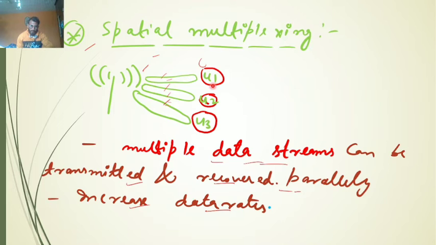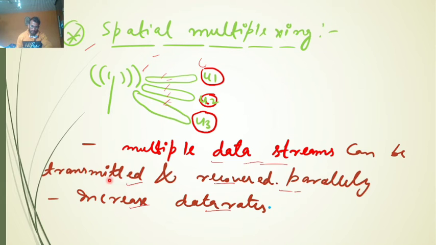Multiple data streams are transmitted and received in parallel in the uplink as well as downlink. That is called spatial multiplexing. Due to that, multiple data streams can be transmitted and recovered in parallel and independently, and the data rates increase. That is called spatial multiplexing.